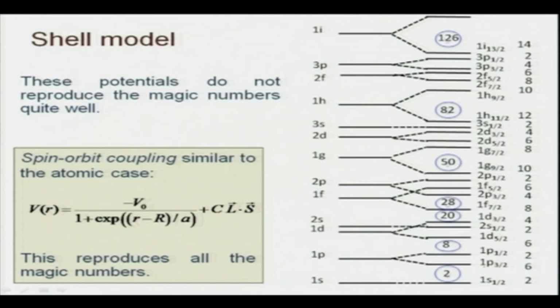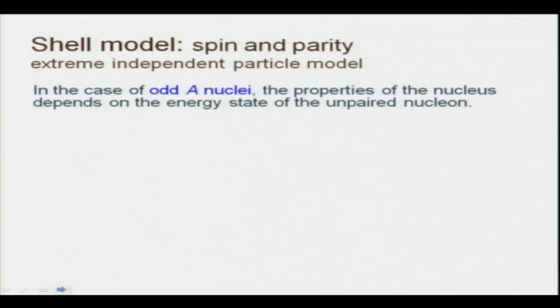Okay. All right. So, remarkably this, and without the spin orbit coupling, the spectrum does not really reproduce the magic numbers well. All right. So, now that is one very good thing, and there are other things that the shell model very successfully explains.